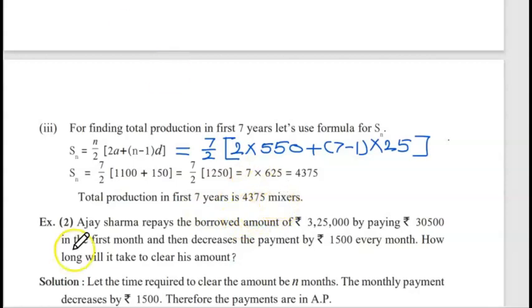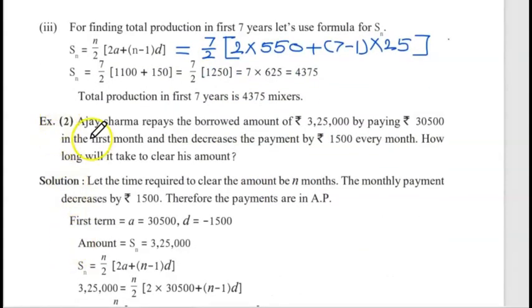Second example: Ajay Sharma repays the borrowed amount of rupees 3,25,000 by paying rupees 30,500 in the first month and then decreases the payment by rupees 1,500 every month. How long will it take to clear his amount?